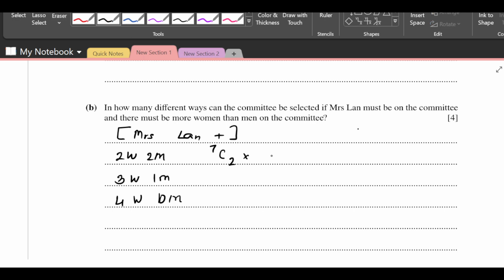So from 7 we are selecting 2, and from 6 men we are selecting 2, or from 7 we are selecting 3 and from 6 we are selecting 1, or from 7 we are selecting all 4, and from the 6 we are not selecting anyone.